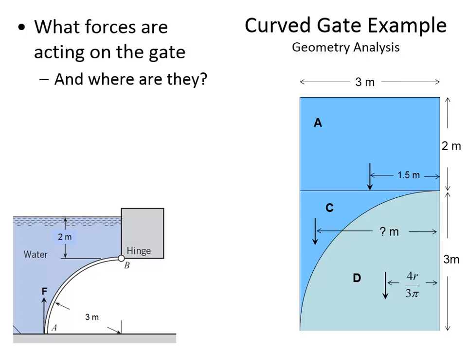All right, so F, trying to open the gate, is this direction, F open. And now we've got the force that we called the force of A, which was that rectangle above the gate.